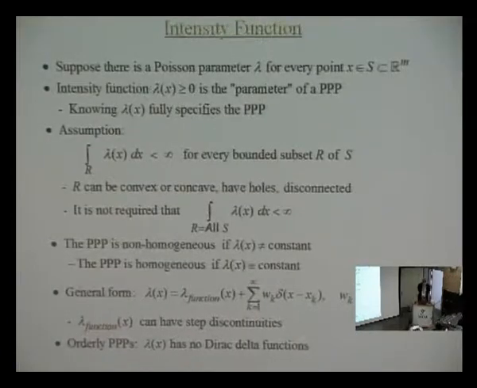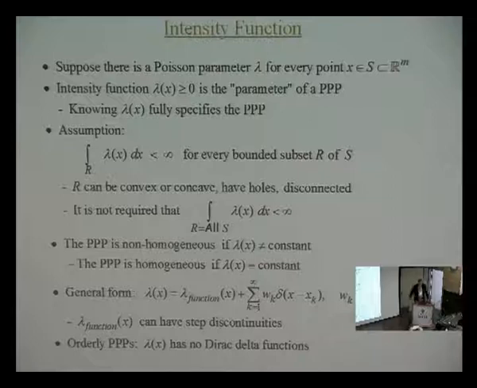Intensity function. Well, the Poisson distribution had one parameter, lambda. And now let's suppose that there's a Poisson distribution for every point x in, say, the plane. I say in any Euclidean space here, but conceptually when I'm lecturing, I like to think of points in a plane, or a volume, or a time-space continuum.